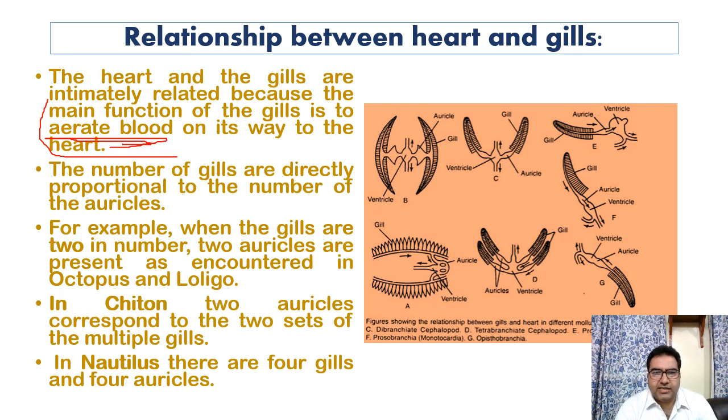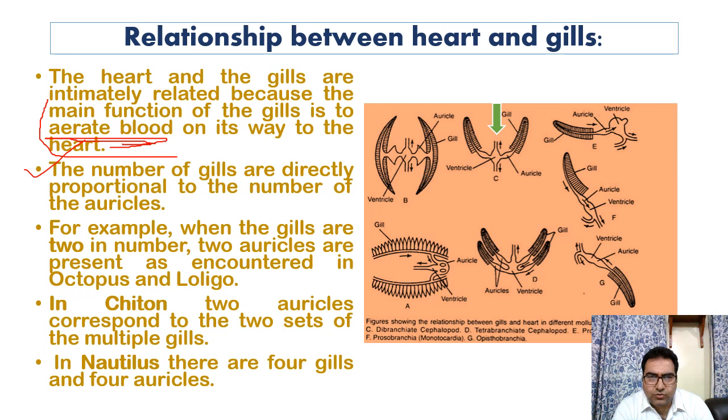The number of the gills is directly proportional to the number of the auricles. For example, when the gills are two in number, two auricles are present, as encountered in the case of Loligo.